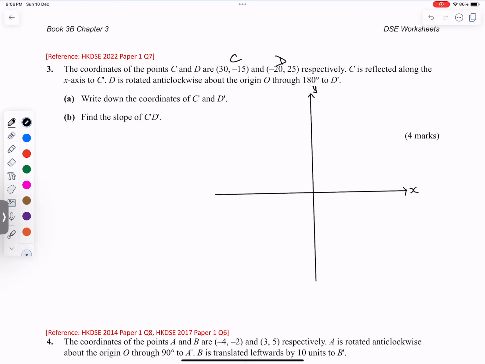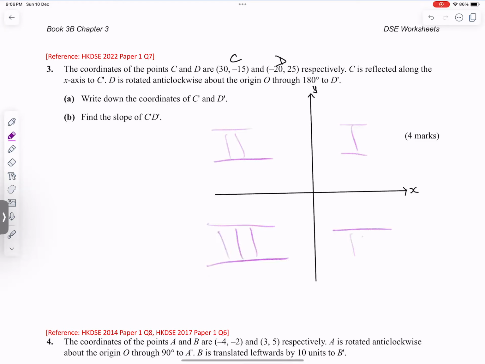You can tell which quadrant they are in. C is going to be in the third one.